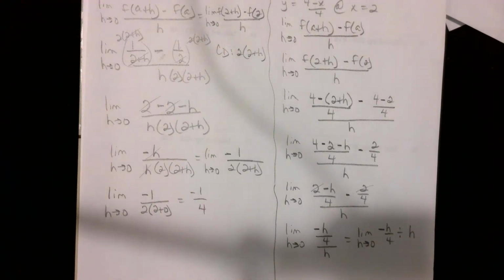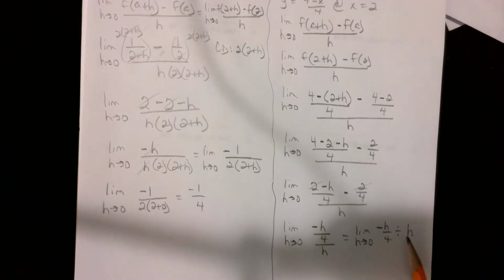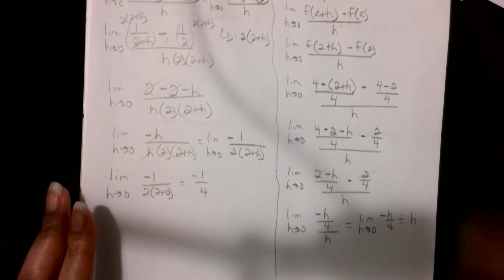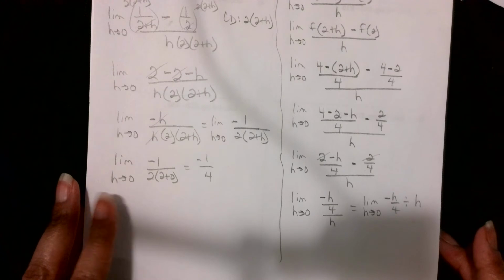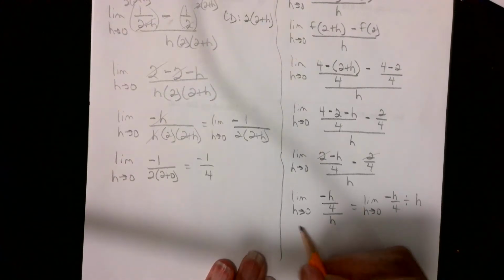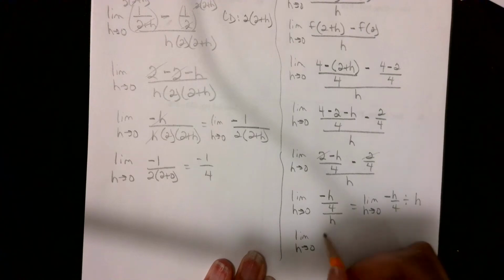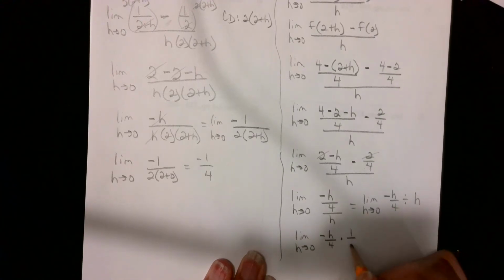Now there was another way we could have done this, but it's okay. So we don't divide fractions, we multiply by the reciprocal. So we have the limit as h approaches 0 of negative h over 4 times 1 over h.